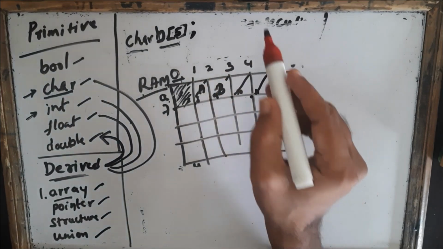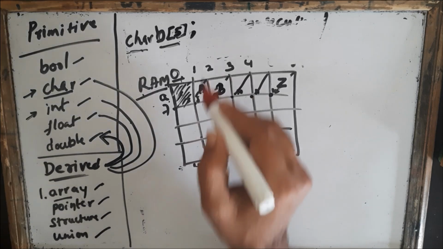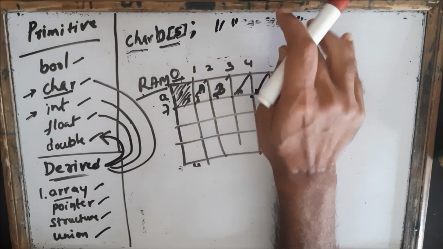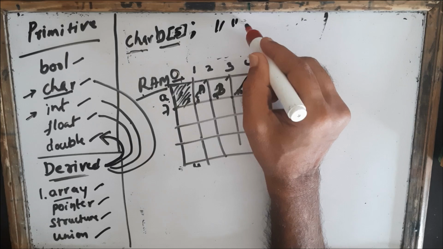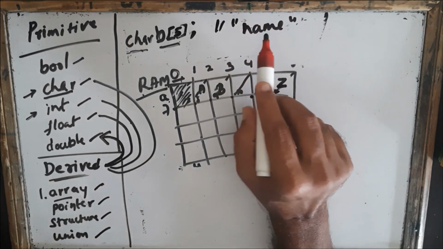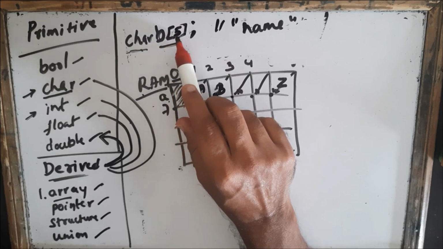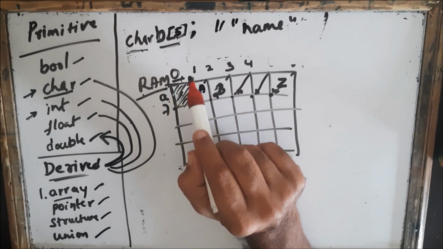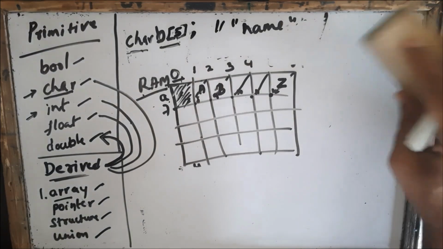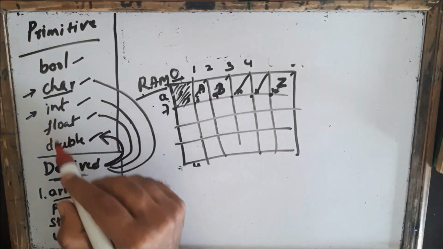Normally, for example, if you want to save something like a name or any alphanumeric information, you can have consecutive memory allocated using this character array. Okay. Now the character array is over.